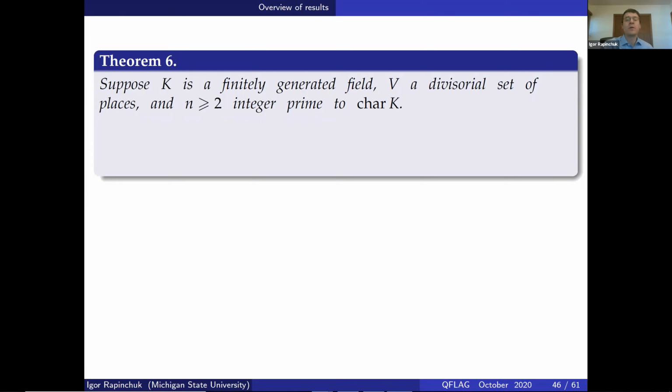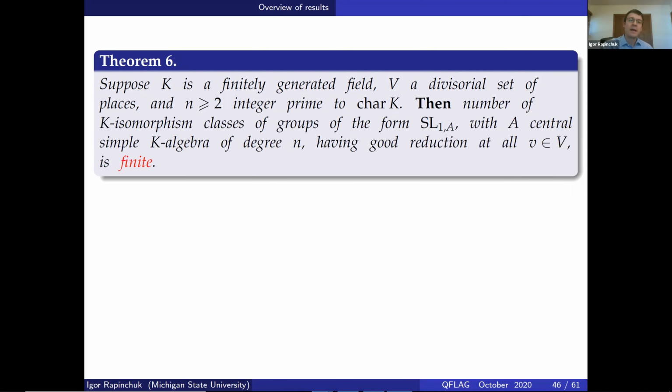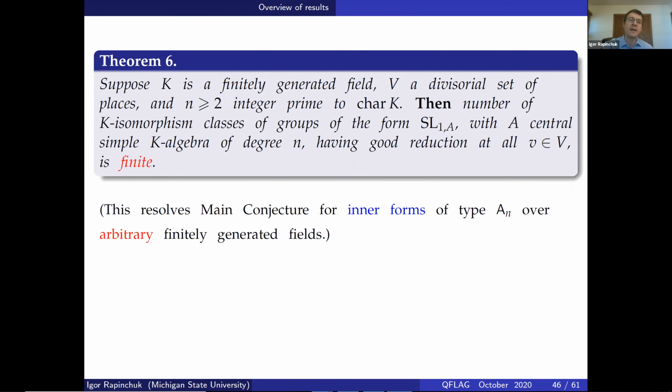Namely, we've shown that if K is a finitely generated field and V is a divisorial set of places, then for any integer n relatively prime to the characteristic, the number of K-isomorphism classes of groups of the form SL_1(A), where A is a central simple K-algebra of degree n, which have good reduction at all v in V, is finite.